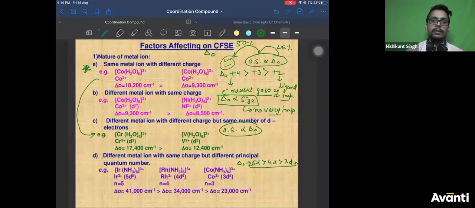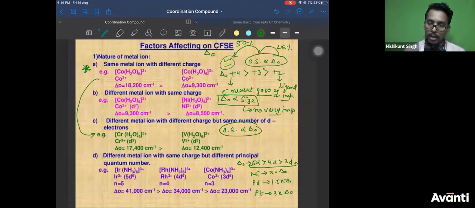If I take nickel, palladium, platinum, here delta O value is X, here it will become 1.5x, and here it will become 3x. So as you go down the group in the d block, delta O value increases. That is again very, very important.